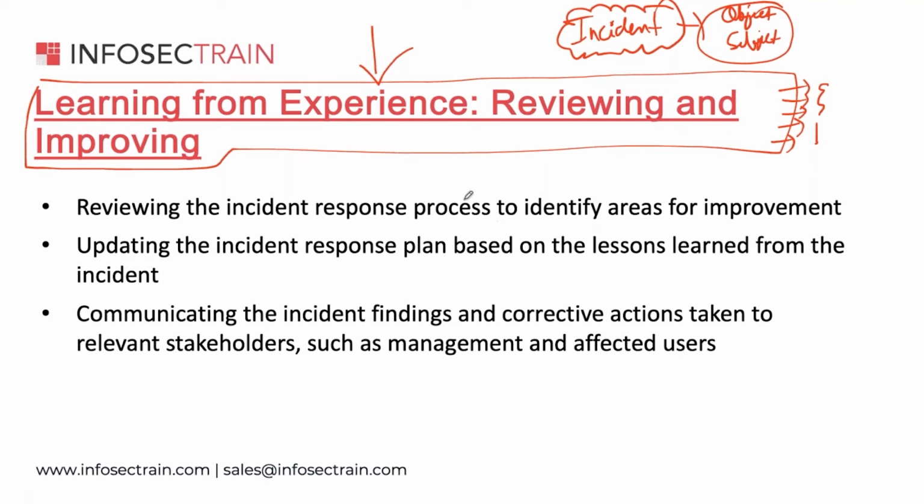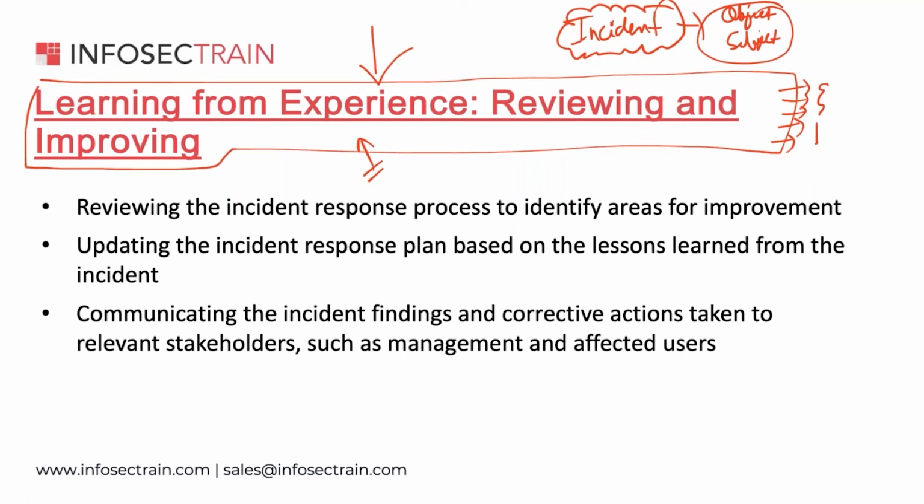Learn from the experience, review and improve yourself. This is the title I have given it. The final stage of the incident response life cycle focuses on learning from the experience. You will review the incident response process and identify the areas where you need to improve.